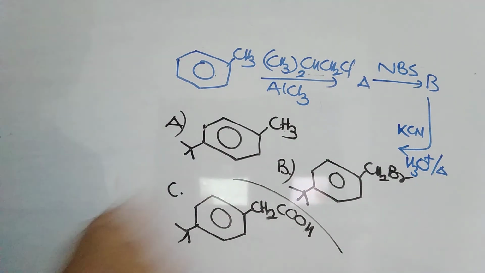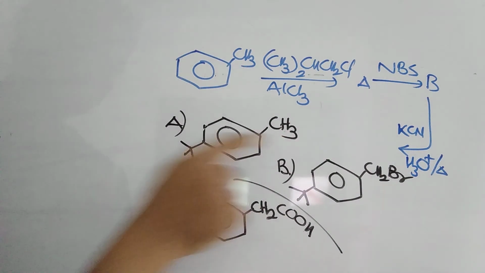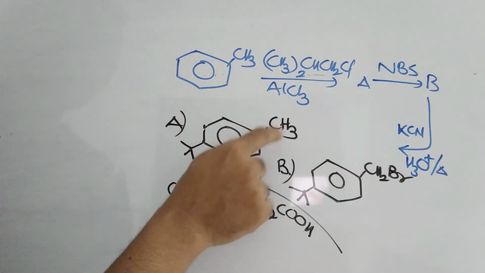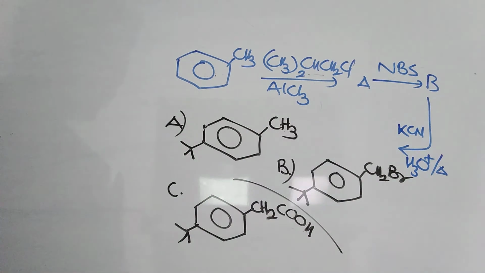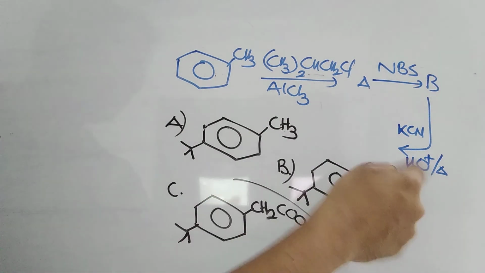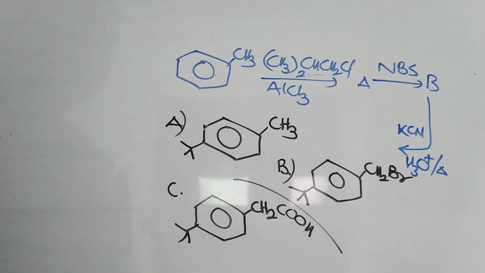Fourth point, NBS. NBS can attack at allylic position. Allylic positions, this one or this one, but there is no hydrogen here. So mandatorily that will go here. Then KCN. KCN is a nucleophilic substitution reaction. So only this bromine is replaced by the cyanide. Then hydrolysis. And finally, you are getting this product. Such questions we'll discuss more.